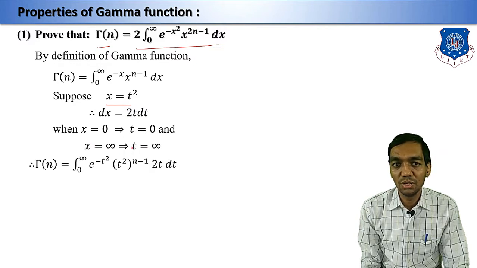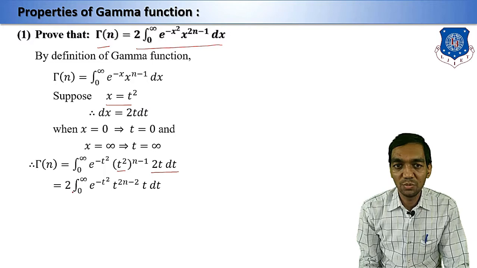If we put all these values in the integration, it becomes the integral from 0 to infinity of e raised to minus t square into t square raised to n minus 1, with dx replaced by 2t dt. Simplifying, 2 is common. The integral from 0 to infinity of e raised to minus t square, t raised to 2n minus 2 into t dt.